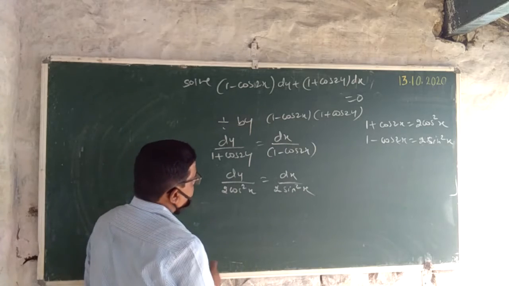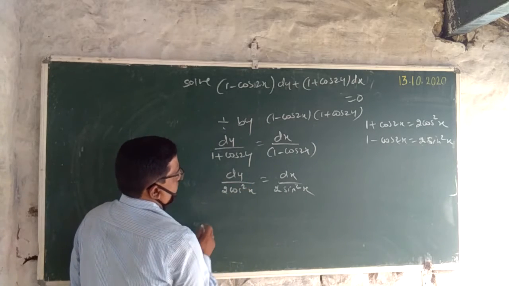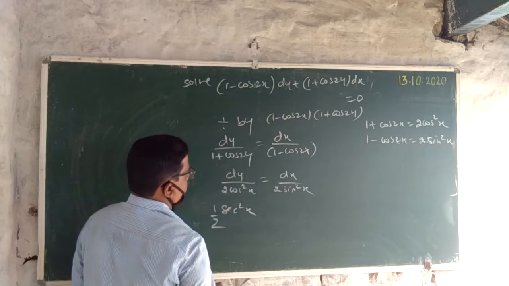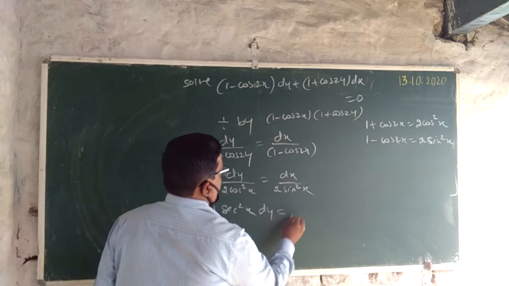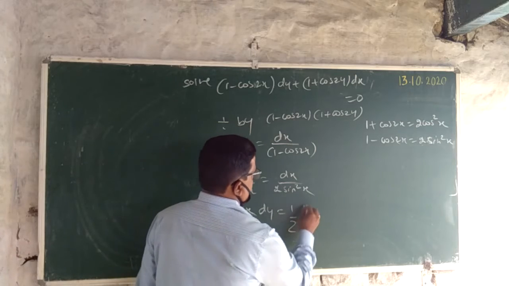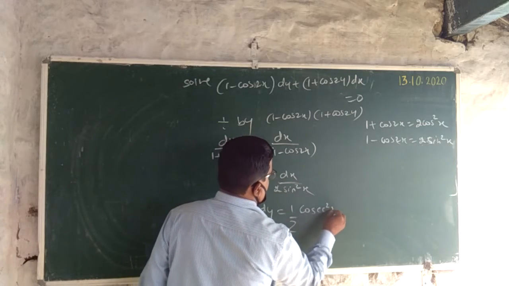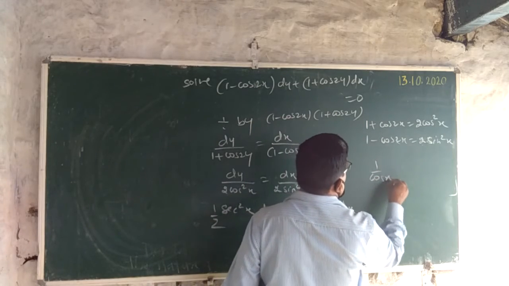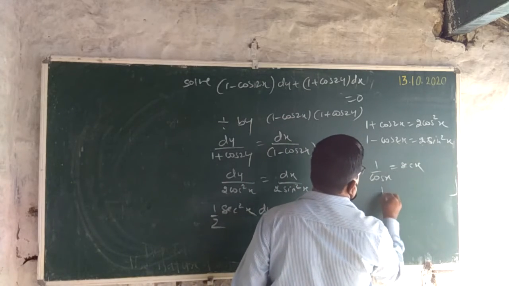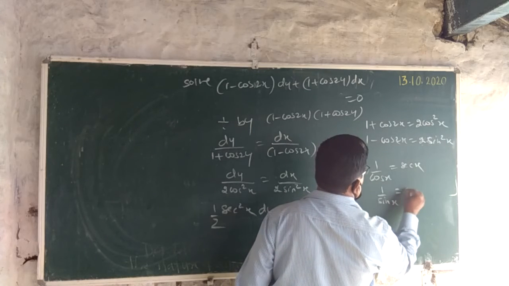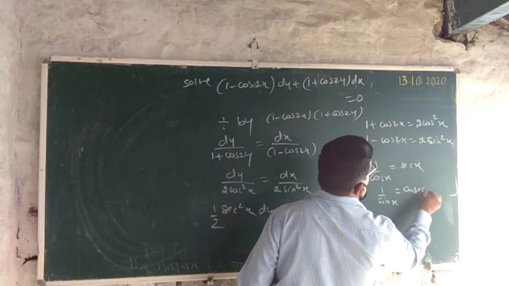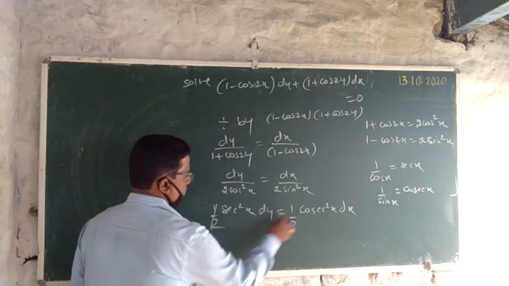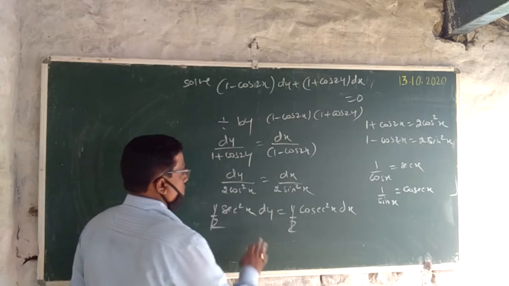Okay, so now 1 by cos square is nothing but sec square, 1 by 2 into sec square y dy, and 1 by 2 into 1 by sin square x is cosec square x dx, because 1 by cos is sec and 1 by sin is cosec. So therefore the 1 by 2 get cancelled. So now integrating.